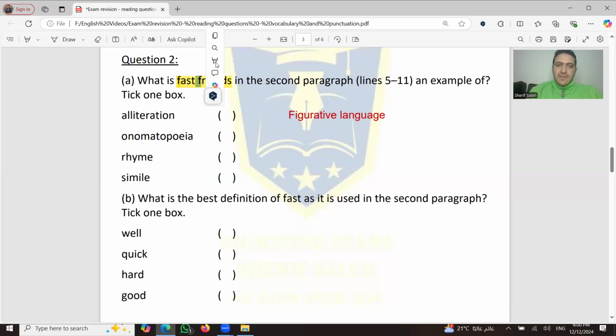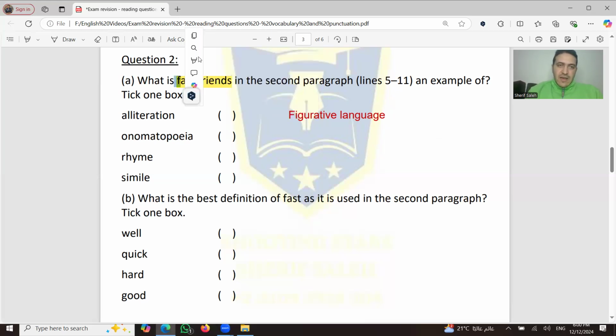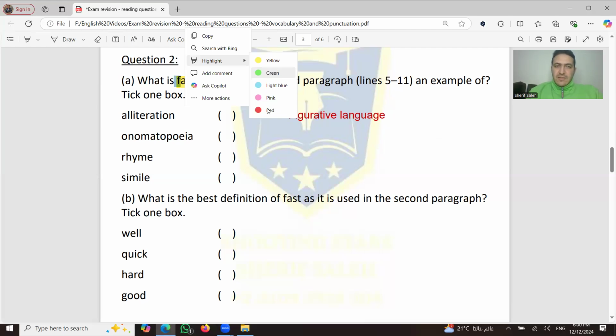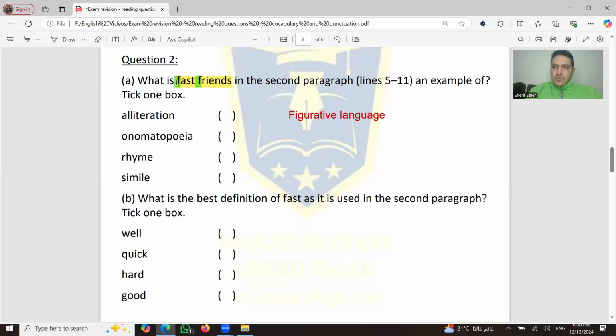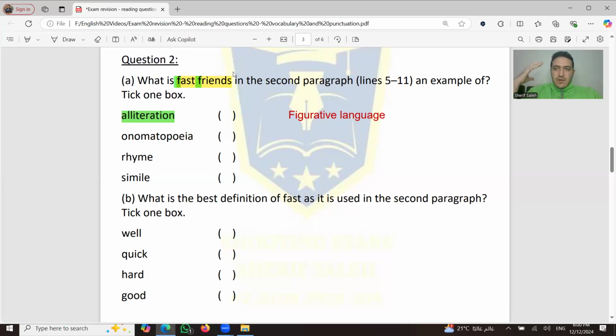In this case, I don't even have to go back to the text because I already have all I need to answer this. So two similar consonant sounds at the beginning of two words in a phrase, that's an alliteration. So that's why it's very important to have a background or to know the different types of figurative language.